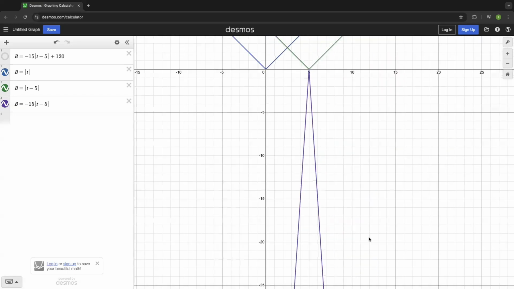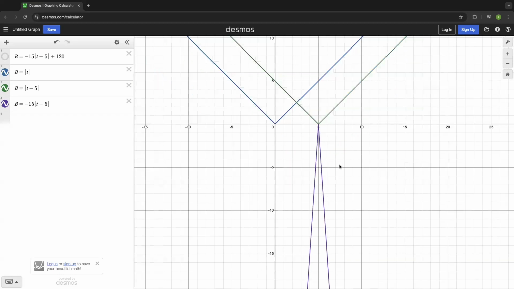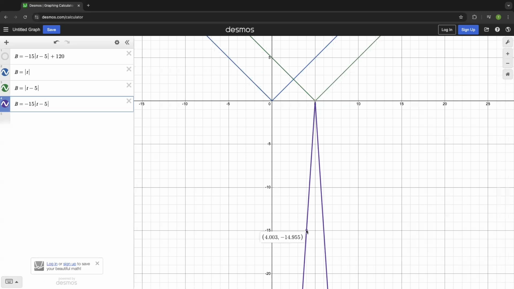For example, in our original absolute value graph, when the x value is 1, the y value is also 1. Over here, when the x value is 1, now the y value is -15. That's a combination of moving it to the right by 5 units and the graph getting narrower by a factor of 15.